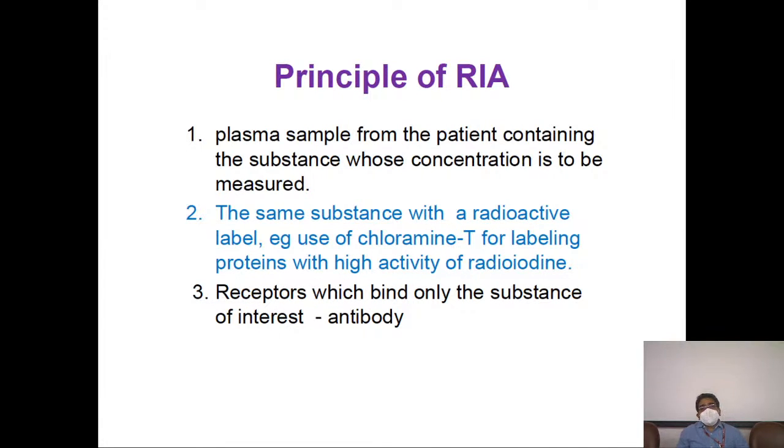Here the plasma sample from the patient contains the substance whose concentration is to be measured; the same substance with a radioactive label is added, and we detect whether the radioactive label is there or not. Instead of enzyme there is radioactivity, and like in CLIA, that is chemiluminescence assay, we add luminol. So different things are tagged. If an enzyme is tagged, it's enzyme immunoassay.